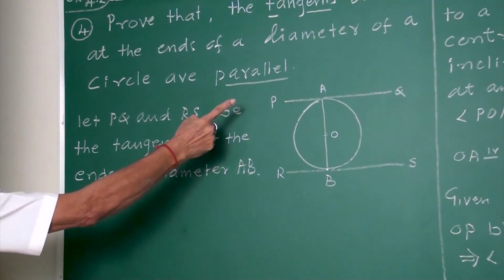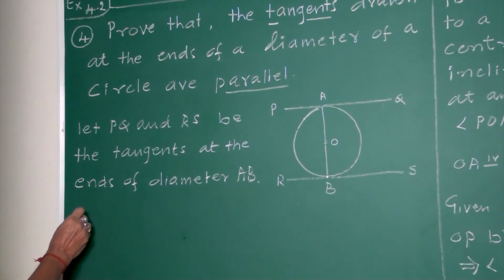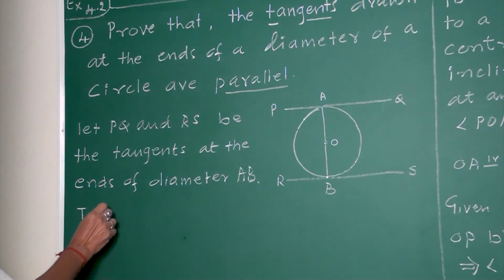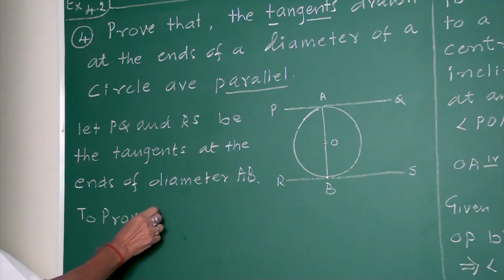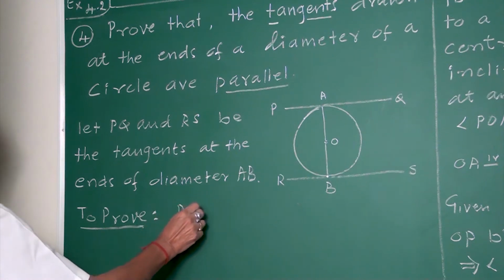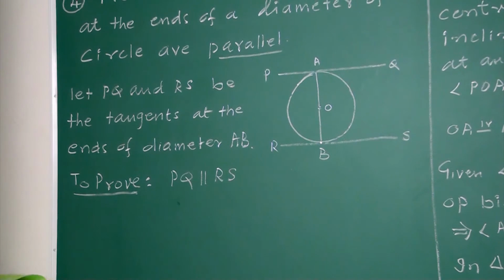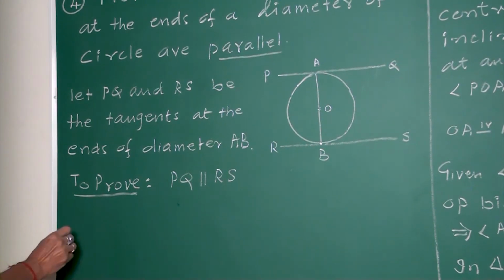PQ is at A, RS is at B. Now we want to prove PQ is parallel to RS. Yes, my friends. Proof.